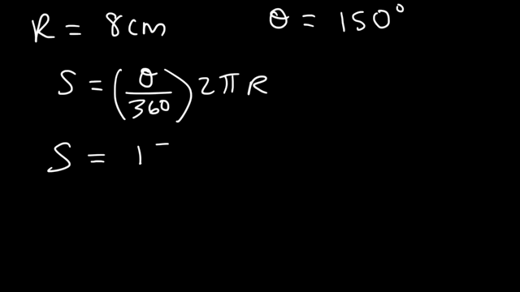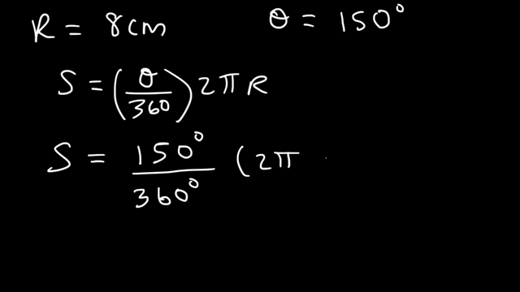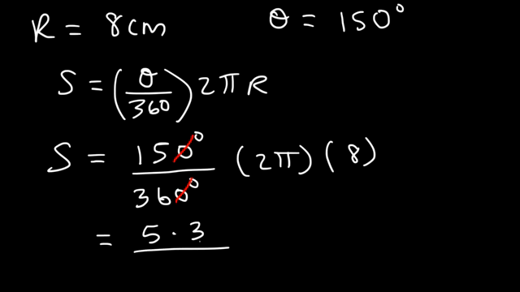So this is going to be 150 degrees divided by 360 degrees times 2 pi times the radius, which is 8. So we can cancel a 0. I would start with that. Now 15, I'm going to write it as 5 times 3. 36 is 3 times 12, but 12, I'm going to break that into 4 times 3.